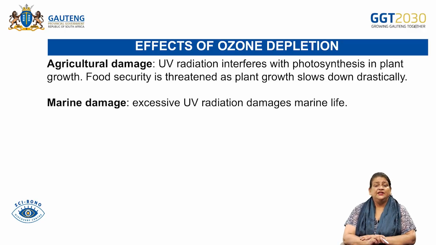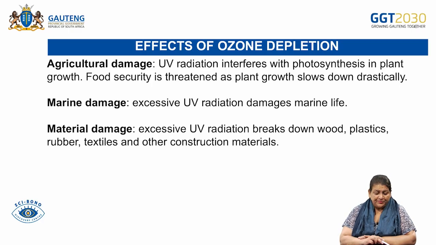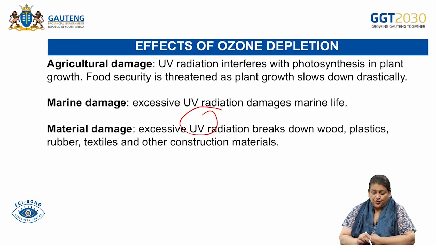Also, the UV light is going to increase the temperature of the oceans, and also most of the fish will die. Material damage, for example, too much of UV light because of the ozone depletion, it will break down wood. So you find that even people's homes or wood, even the trees, the actual tree trunks can be damaged by that excessive UV light.